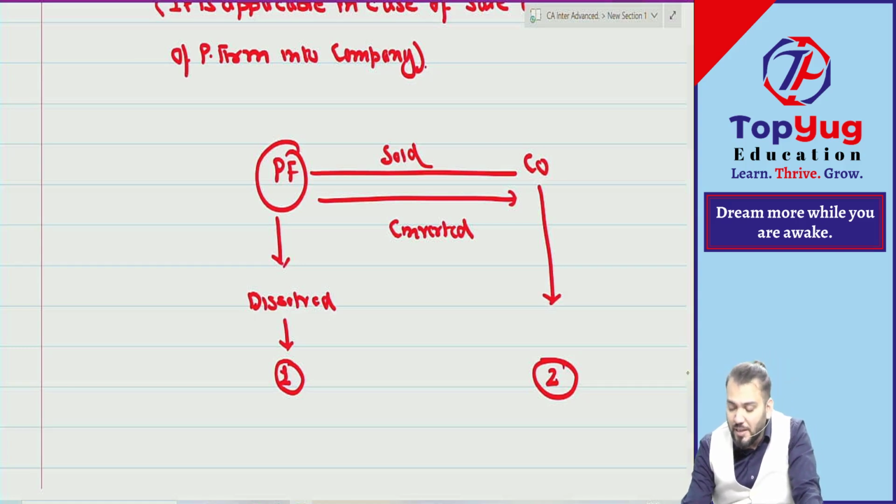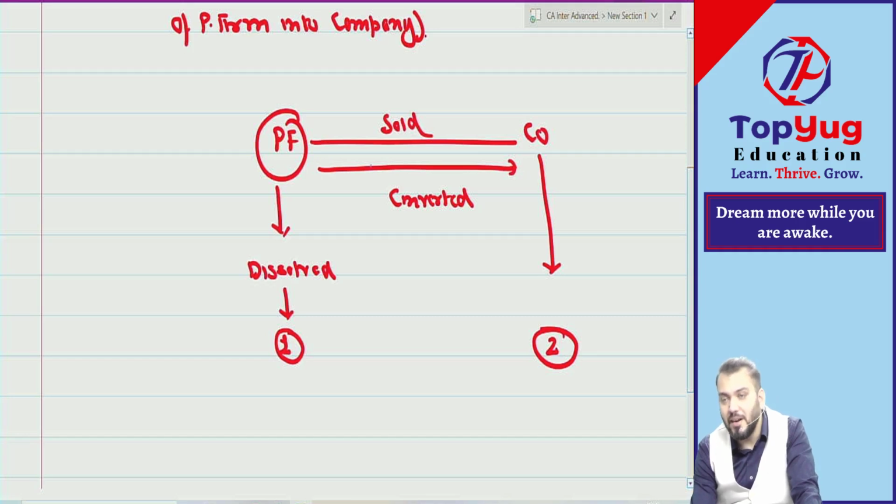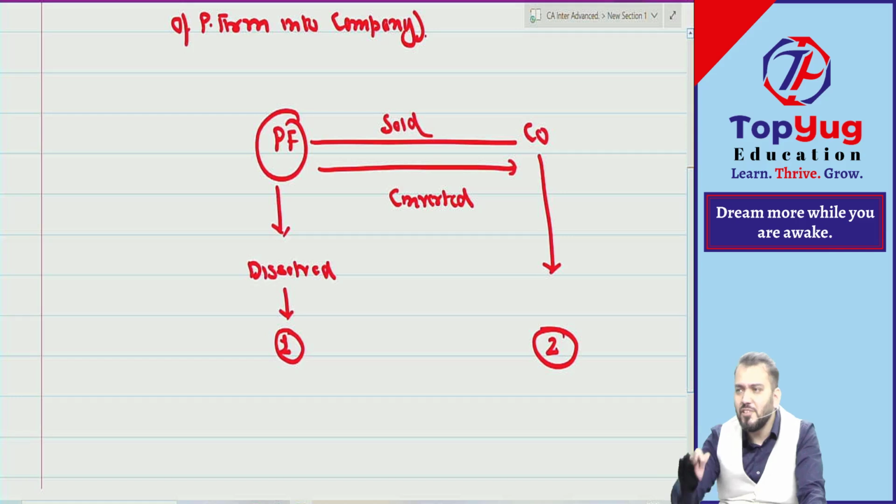Correct. But it is quite possible, when I am saying partnership firm is converted into company, can I say the partners and the shareholders will remain same? When partnership is converted into company, partners will become equity shareholders.